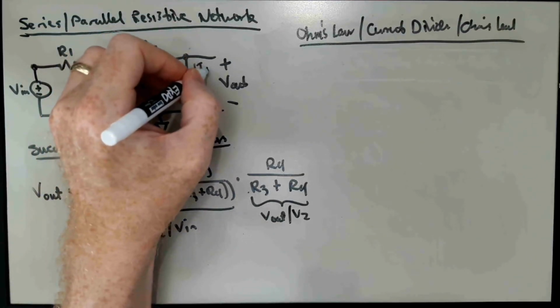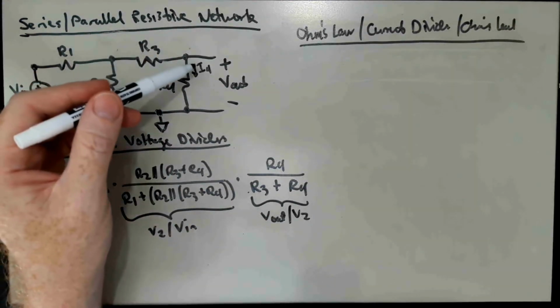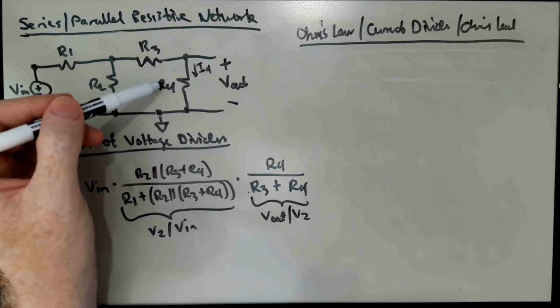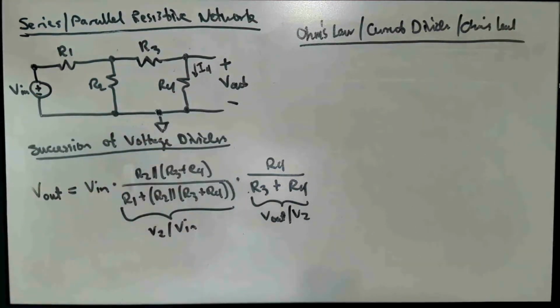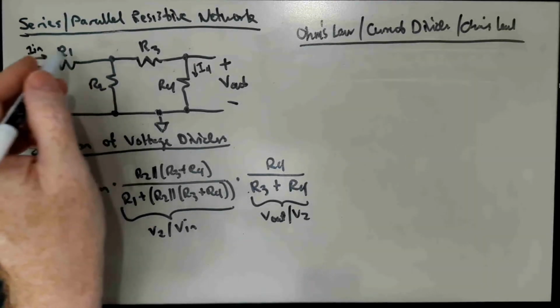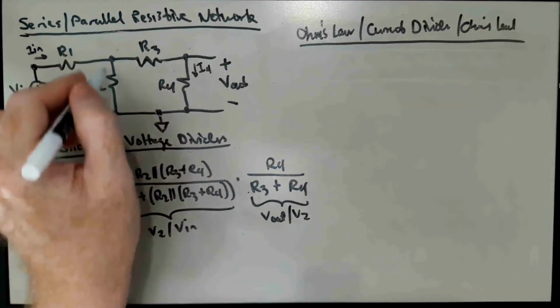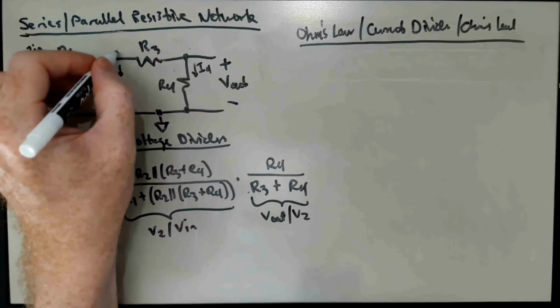this resistor R4, let me call it I4, if I knew that current, I could write V out as basically I times R through Ohm's law. Well, how would I know what that current is? Well, if I knew how much current was flowing out of R1 into this node here, some of it would go this way, and some of it would go this way.